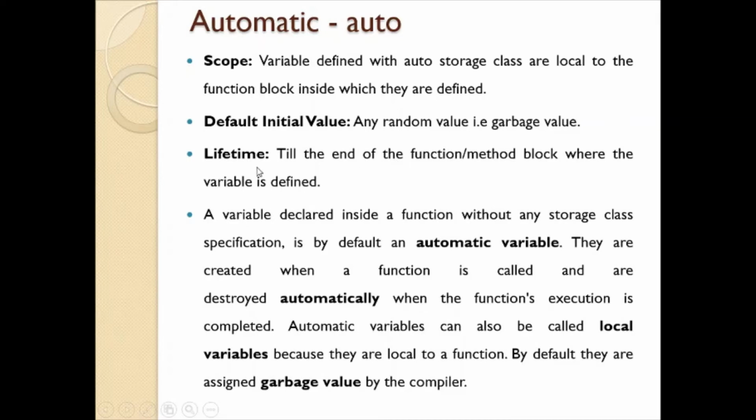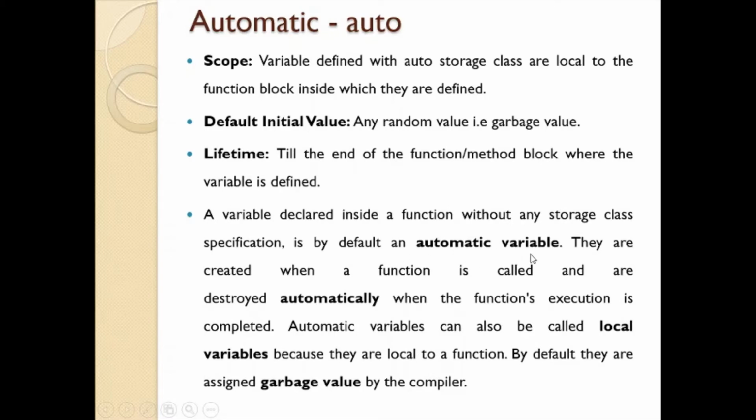So what is the lifetime? Till the end of the function or block where the variable is defined. These automatic variables are created whenever they are defined within a function, and they are destroyed whenever we exit from the function. Next, a variable declared inside a function without any storage class specification is by default an automatic variable.